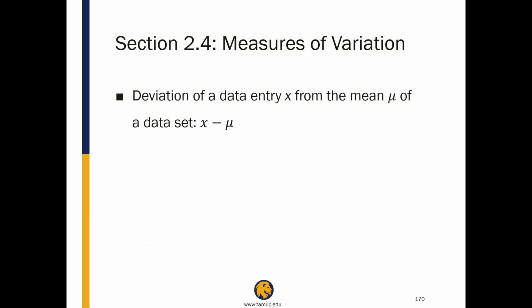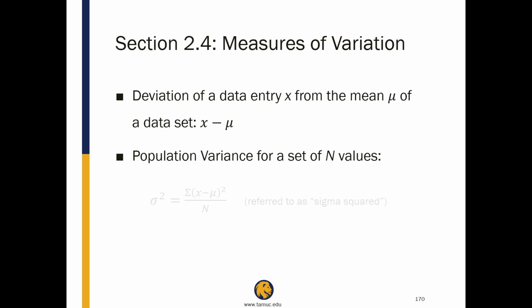The deviation here is for a data value. It says the deviation for data entry x from the mean mu of a data set is given by taking the number x minus the mean mu. That's the so-called deviation. How far apart are they? We subtract the 2 numbers. So to calculate what we call the population variance for a set of N values, and they use the capital letter N here, we use this formula.